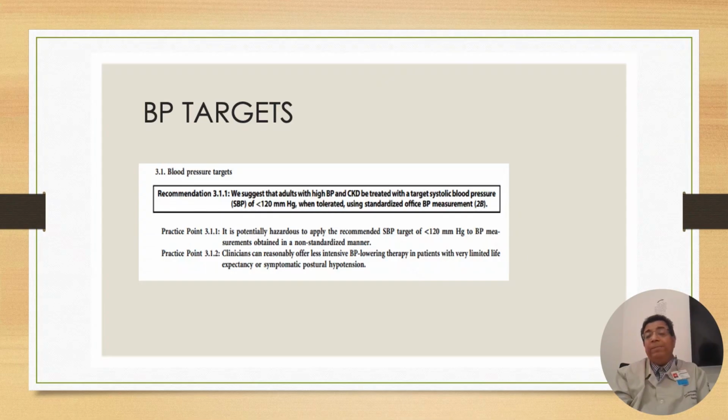So what blood pressure target should we strive for? I think a lot of us get stuck on a particular number, but I think the most important thing will be individualization. Don't apply guidelines or targets blindly.